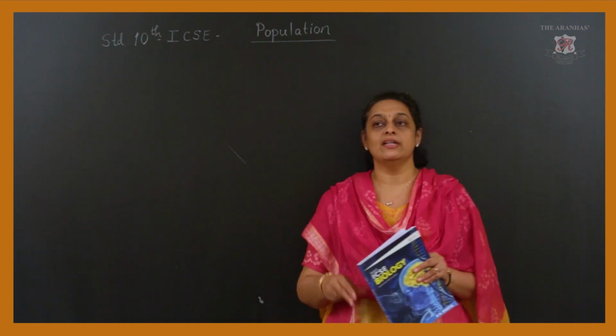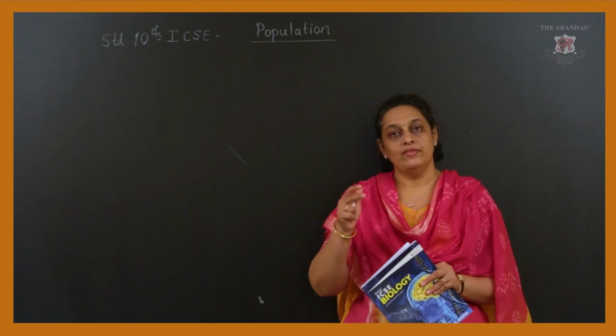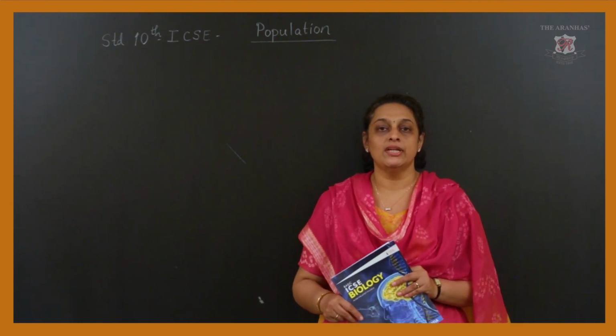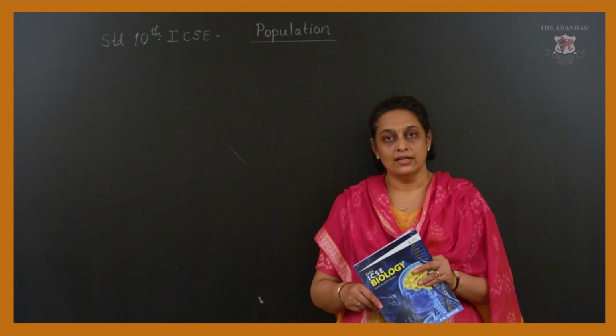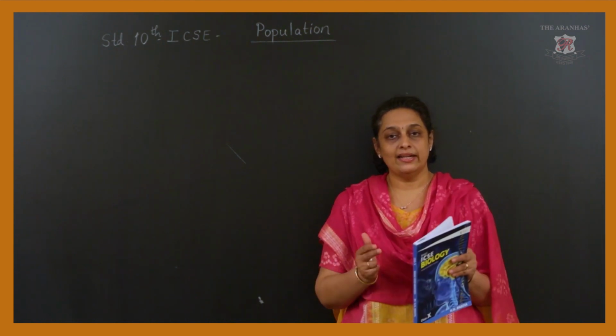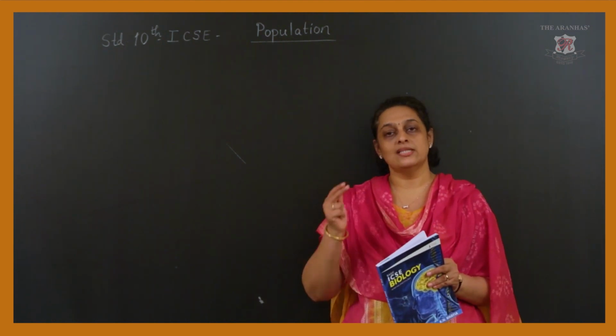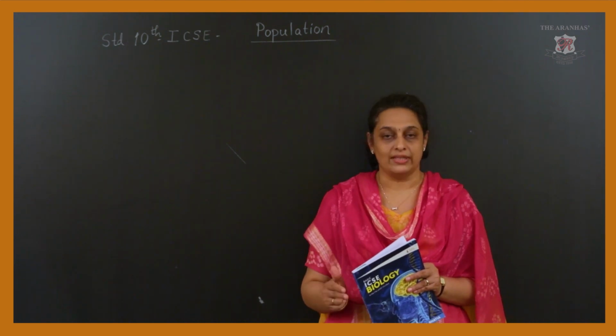So always remember that when we talk about population, we will be talking about population of a certain area. Here we are going to talk about population of India. Geographically you know the map of India. So within the territory of India, we are going to deal with what the situation is.